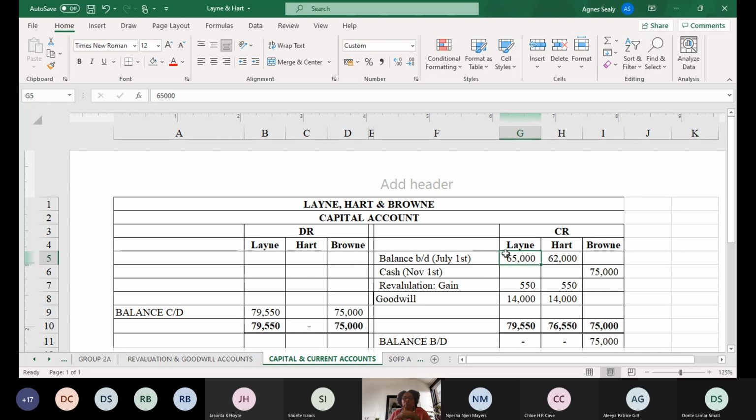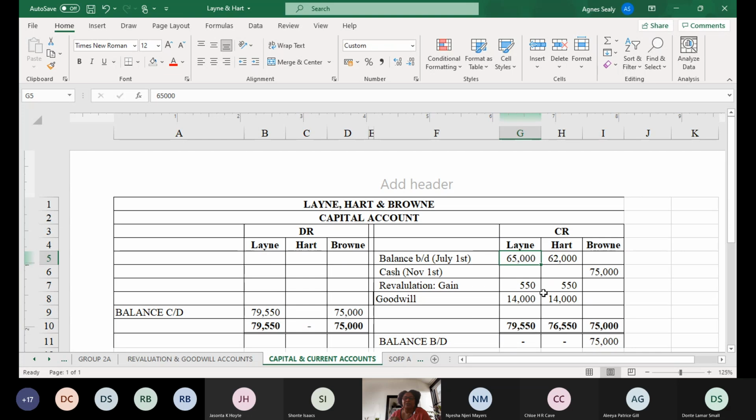So this is what you usually do when you have these change in partnership questions, and you have this old and new agreement, and you have capital under the old, interest on capital under the old, interest on capital under the new.